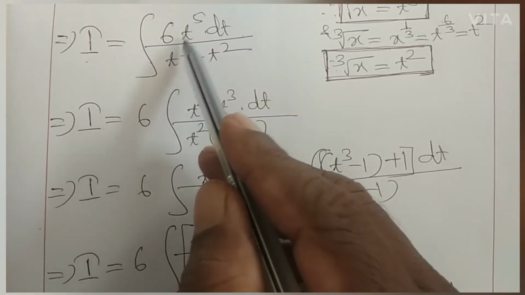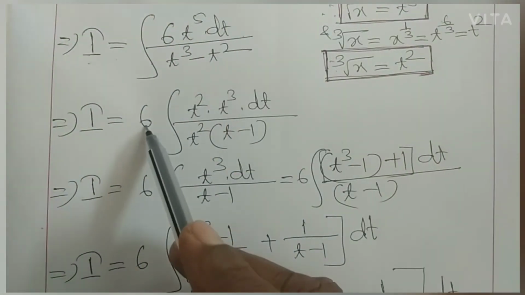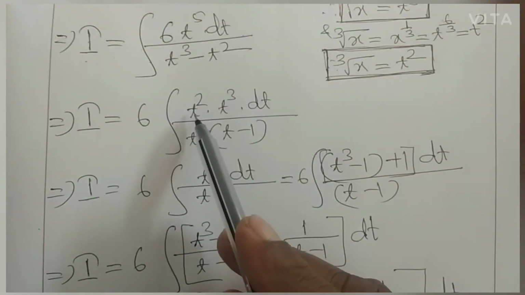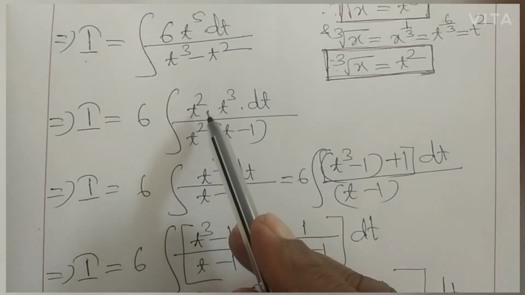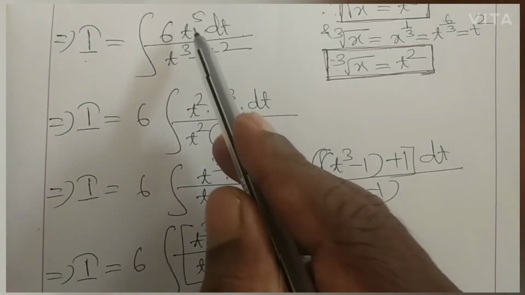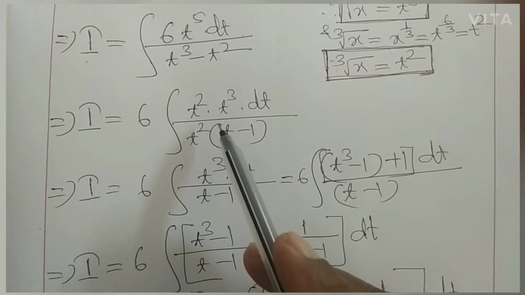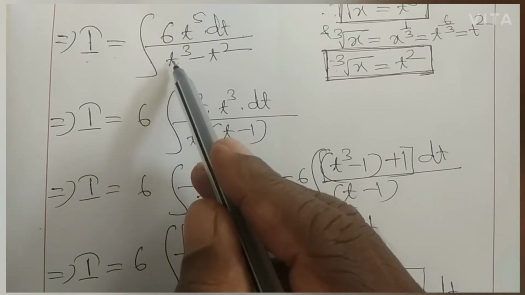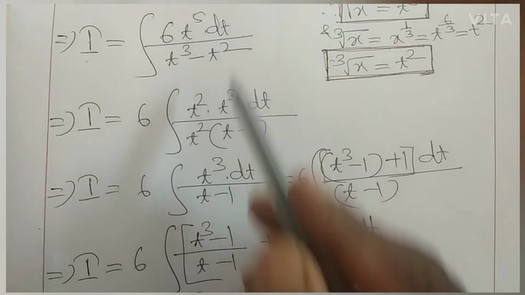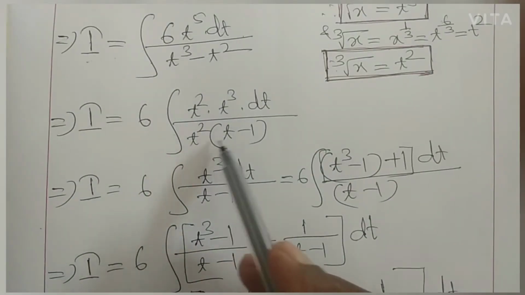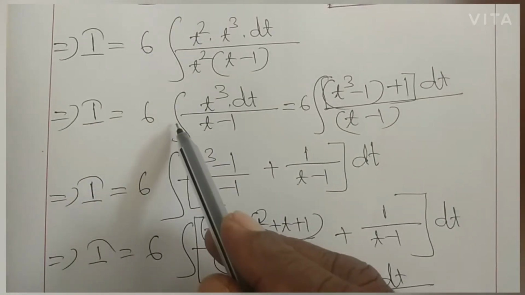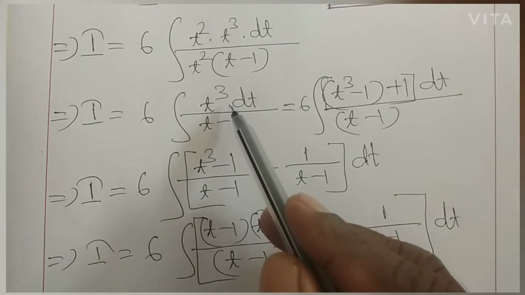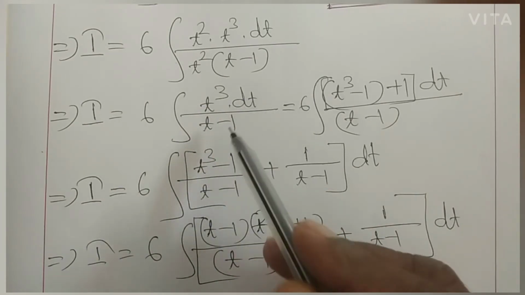Here t to the power 5 is t square into t to the power 3, and taking t square common from t to the power 3 minus t square, we have t square into t minus 1. This implies I is equal to 6 into the integration of t to the power 3 into dt by t minus 1.